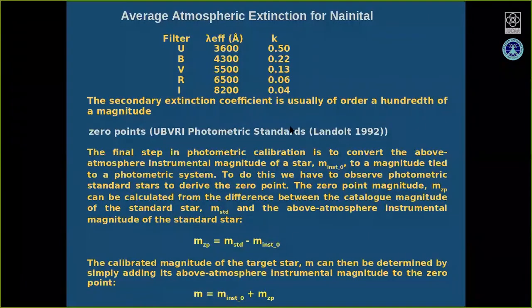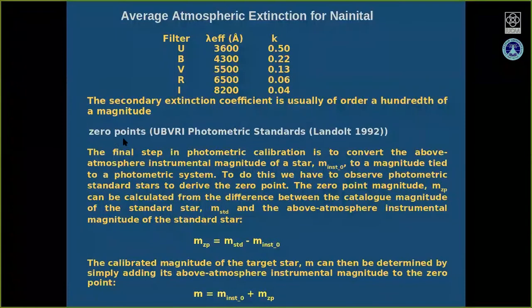In that paper, you will find many UBVRI photometric standard stars. For this kind of atmospheric extinction, you can pick up some photometric standard star from Landolt, and you can go for the calculation of your extinction correction.